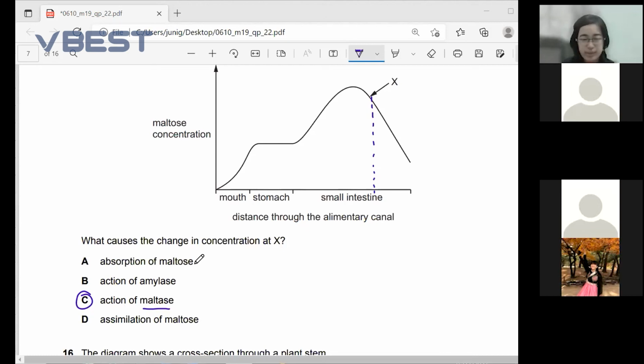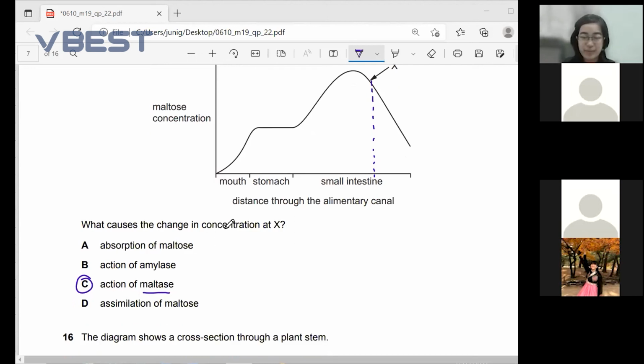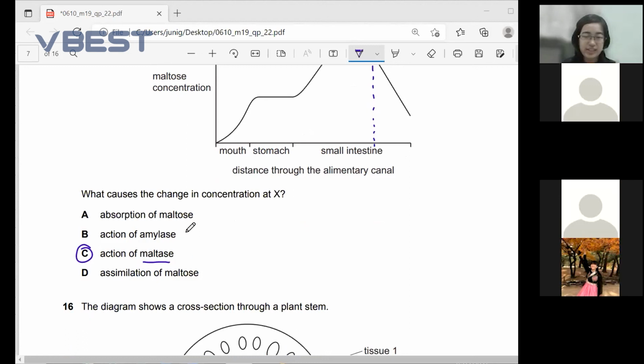Sorry, absorption of maltose, no, because when the small intestine wants to absorb maltose, maltose is sometimes too big, so it's better to break it down to glucose and then absorb it. The other option, the action of amylase, is just simply the wrong enzyme in this case.